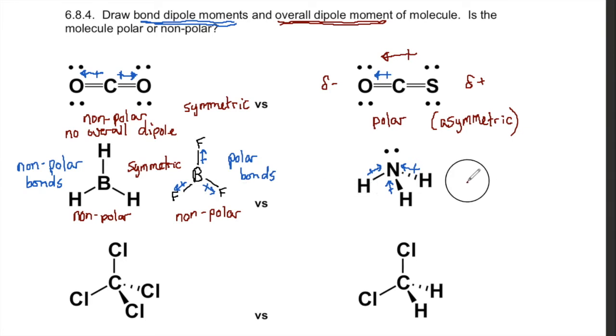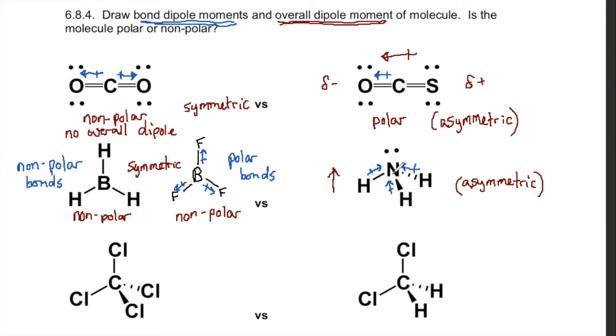Here we have an asymmetric shape. It's symmetric around the nitrogen, but it's not that symmetric up and down. So we have the electrons being pulled away from hydrogen towards nitrogen. We have a polar bond, an electronegativity difference. And so left to right, all around here, they're canceling each other out, but up and down, they are not canceling each other out.